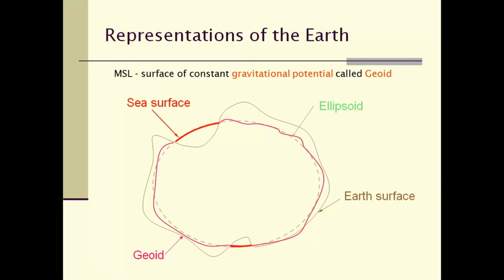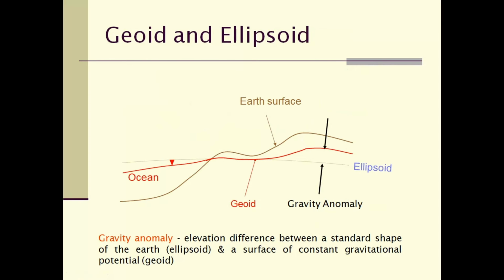Now if you are taking a point, latitude and longitude are nothing but angles on the ellipsoid. Please remember, the ellipsoid is used to represent your XY coordinates, but the Z value is always taken from the geoid. You should keep this in your mind.